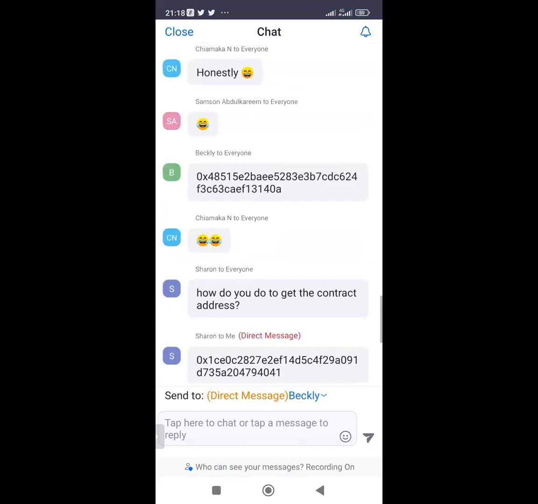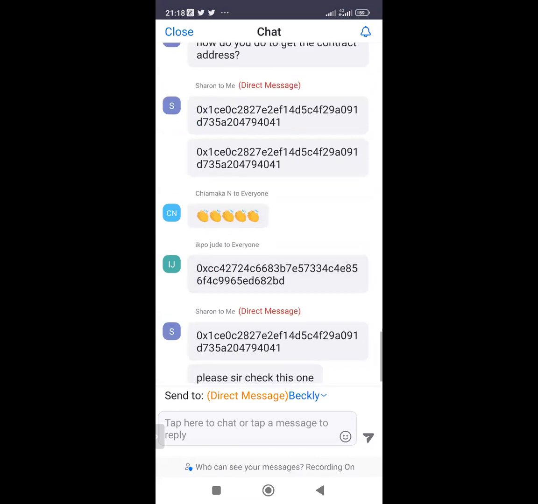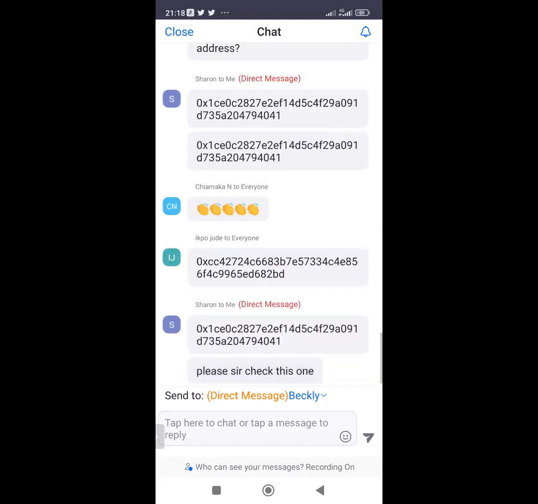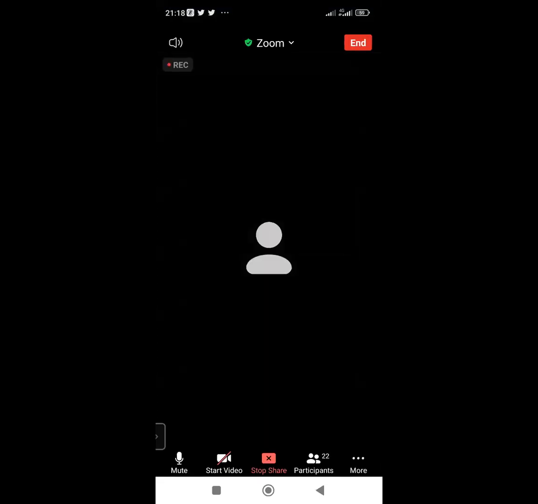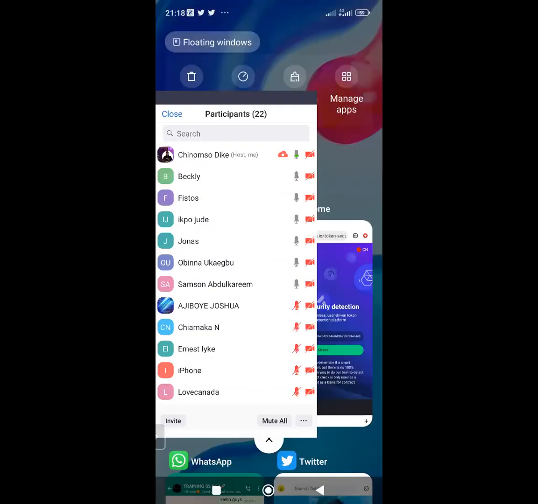Sir, please, do you say we should download Go Plus, or we should go from which side? Go Pocket is their wallet. But you can use any wallet that supports Go Plus Security.